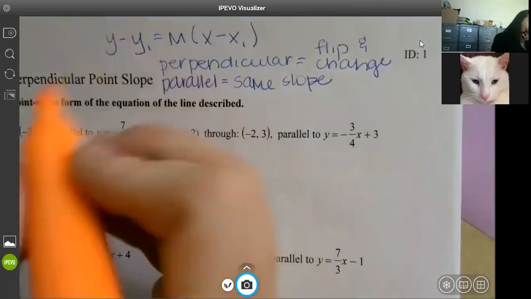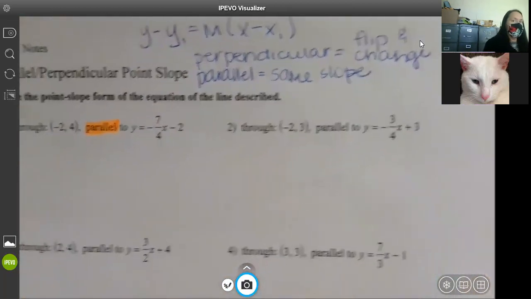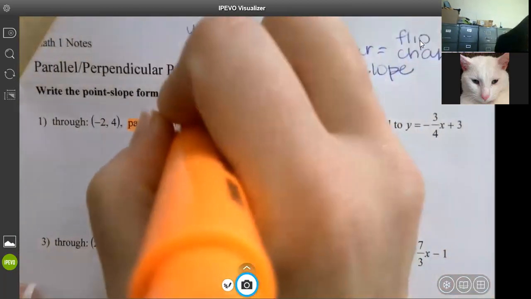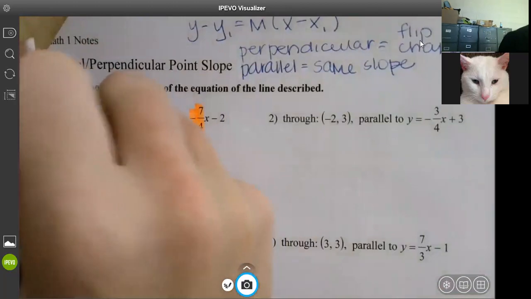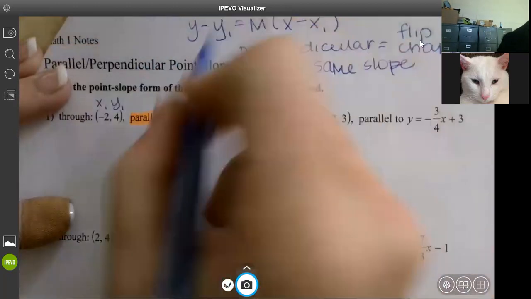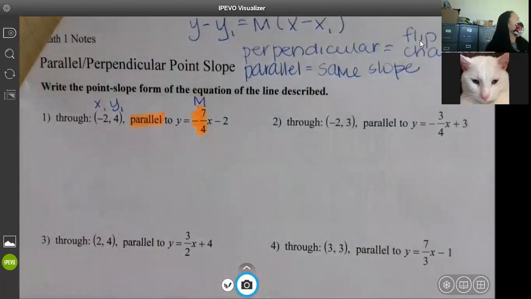So remember, parallel means same slope. So the only thing that we need is the slope from the equation. That's the only thing we need. This is just like yesterday, your x1, y1, and your slope. It is exactly like yesterday, okay?